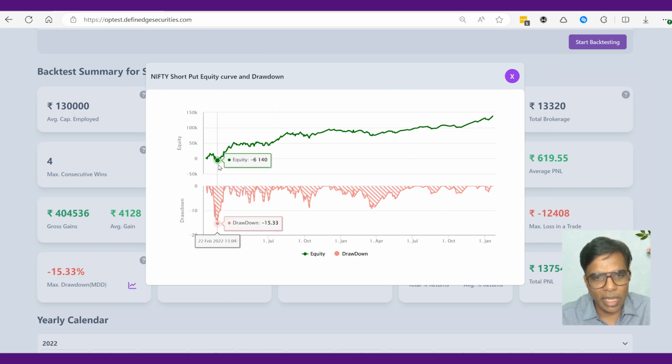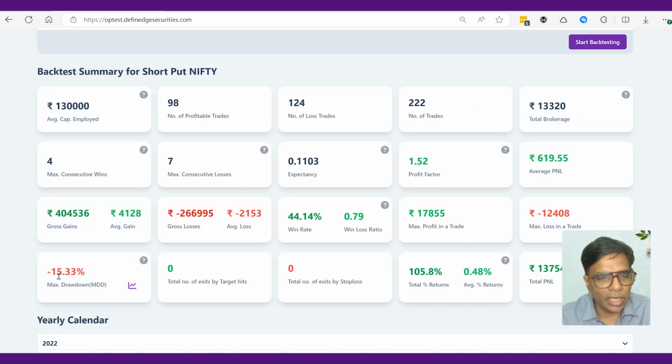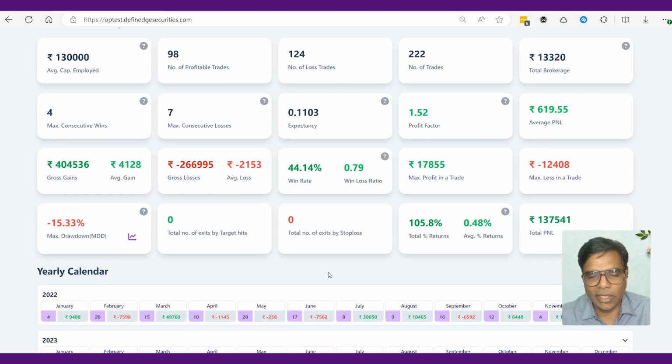The max loss was around 6,140 max drawdown at any given point of time. Now the win rate is slightly improved compared to long call, and overall the total P&L is 1.37 lakhs. We have positive expectancy and profit factor is 1.52.